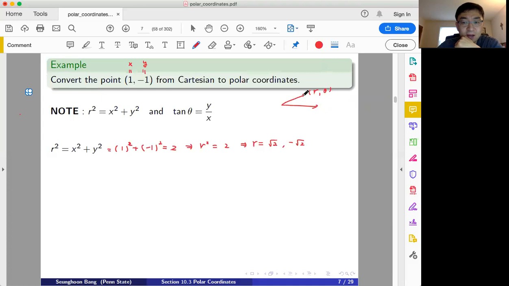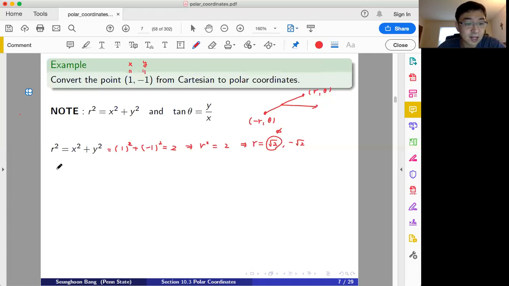With a negative r, you have to reflect this point about the pole. So this is negative r, theta. This is possible. So r can be positive or negative; either one is fine. But which one is easier for calculating theta later? The positive one is better, so I choose the positive root.